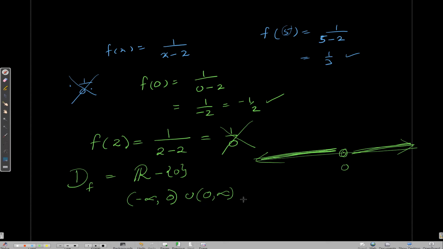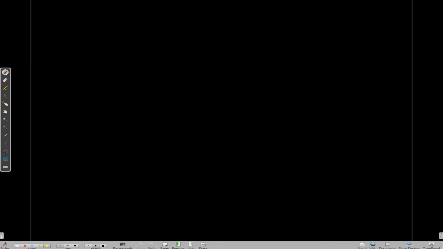Now, this brings up, how about this example? F of x equals 1 over x minus 3 into x plus 1.